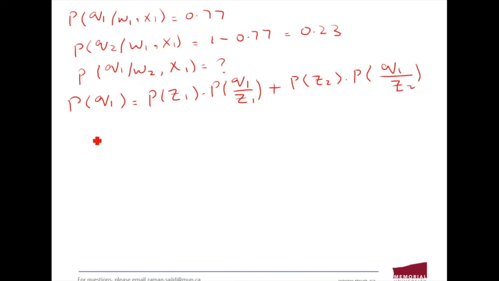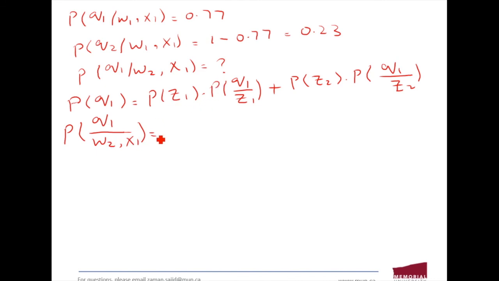Now we need to find them with respect to Q1 given that W2 and X1. And the same conditional probabilities should be applied on the right hand side.